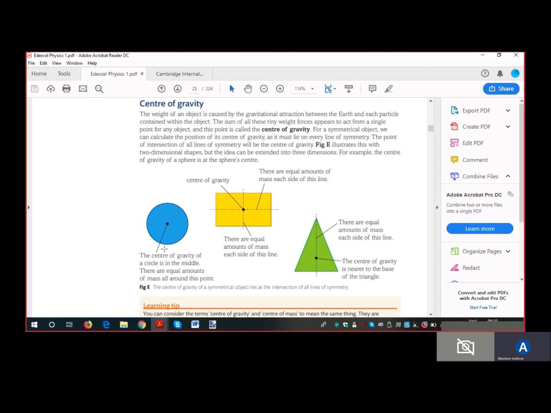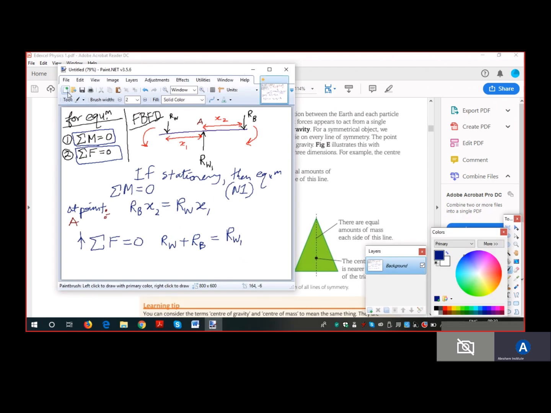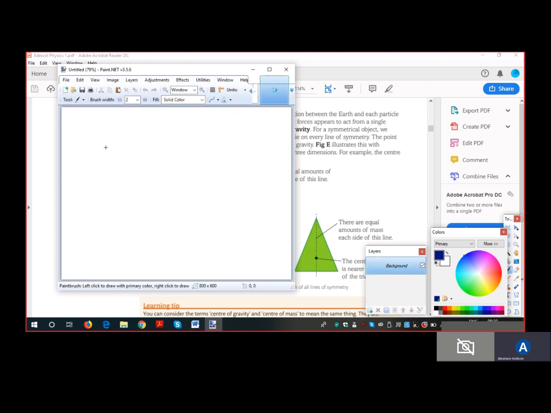You can imagine this is a circle made out of cardboard. We take a piece of cardboard and cut out a circle. Then you will notice that when you keep your finger at the center and the circle horizontal, you can balance it. The reason you can balance it is because, if I draw something like this, let's say this is the circle, you are seeing the side view. Let's say this is your finger here.